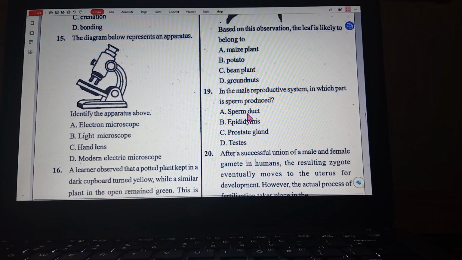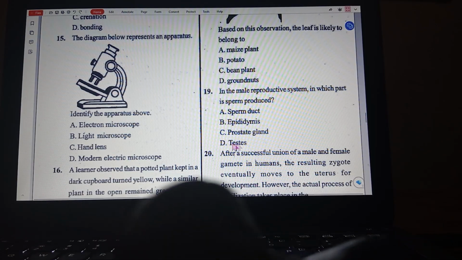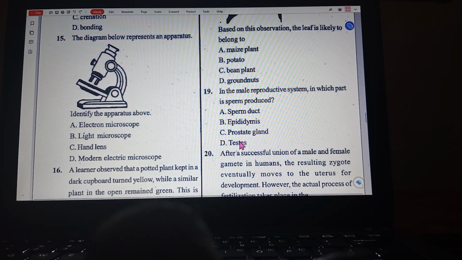The sperm duct carries the sperm from the testes to the urethra. Epididymis stores sperm. Prostate gland releases fluids that nourish the sperm. So for this, the answer is D. Testis produces sperm.